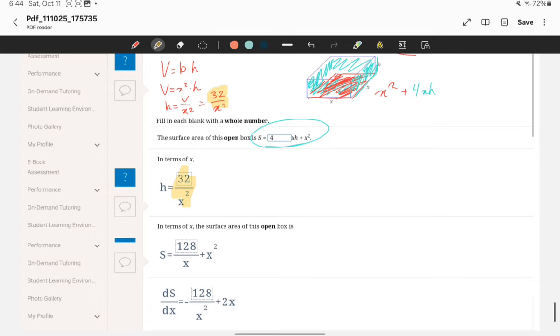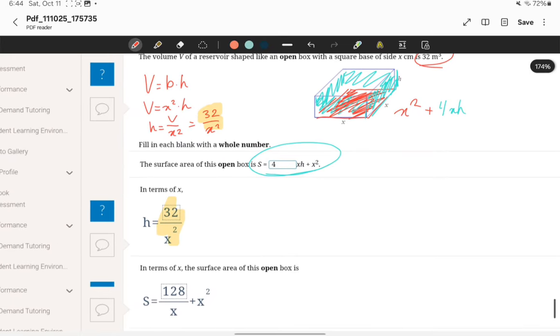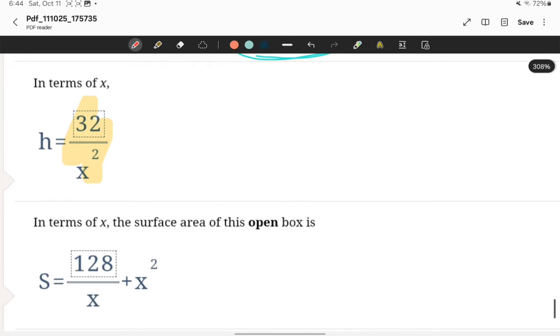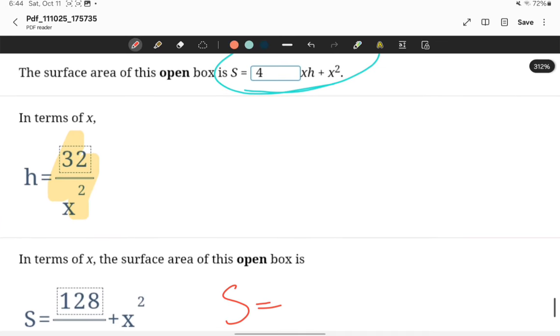Now in terms of x, the surface area of this open box is, okay, we take our height and substitute it into our equation. So we have our original surface area equation, they gave it here, is 4xh plus x squared.